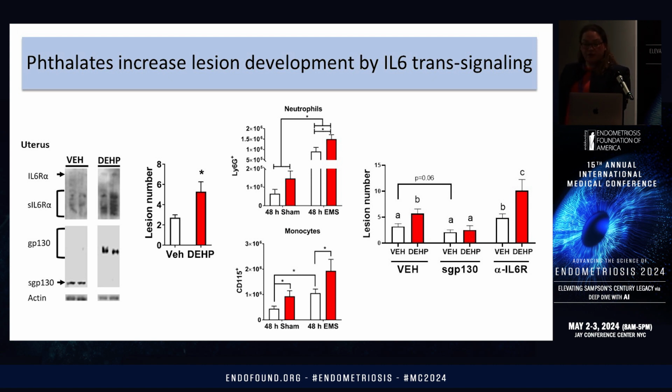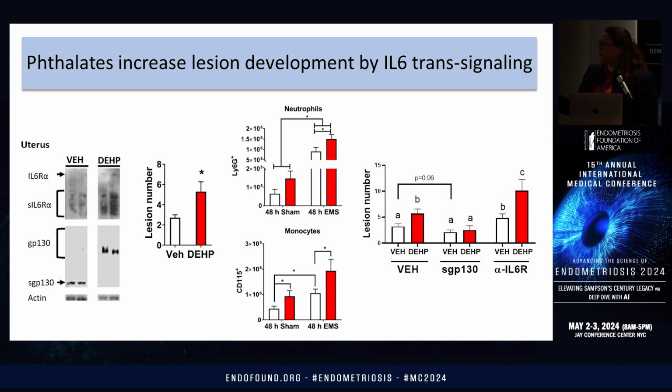So the next step that we took was we worked with Stefan Rose-John in Germany. He's now since retired. His soluble GP130 has actually been purchased by a company and is marketable for colitis. So if we look at lesion number, we treated these animals with and without DEHP, and then we treated them with soluble GP130, which blocks trans signaling only, and we then blocked all of IL-6 receptor signaling.